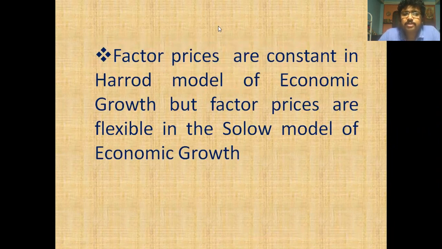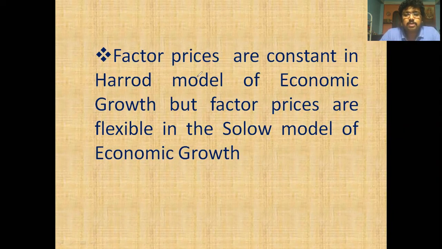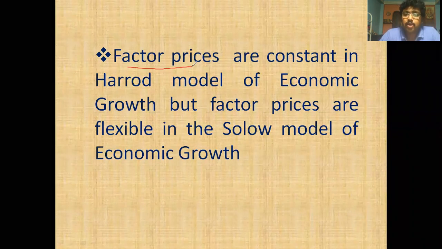One is that factor prices are constant in the Harrod model of economic growth, but on the contrary, factor prices are flexible in the Solow model of economic growth. In the Harrod model, to make the capital output ratio constant, it was assumed that factor prices are constant.